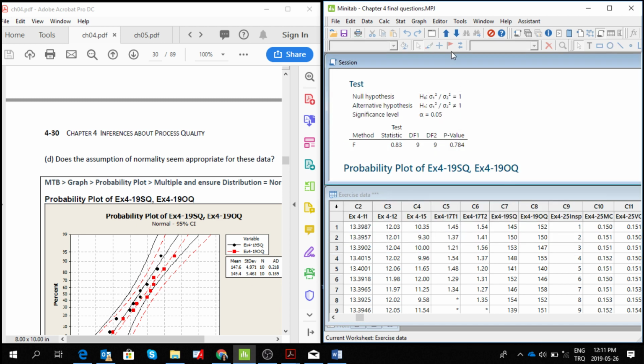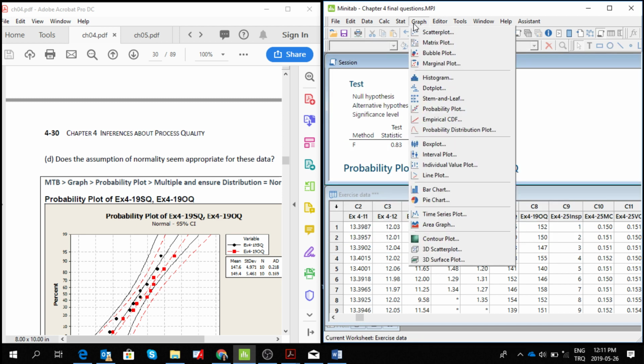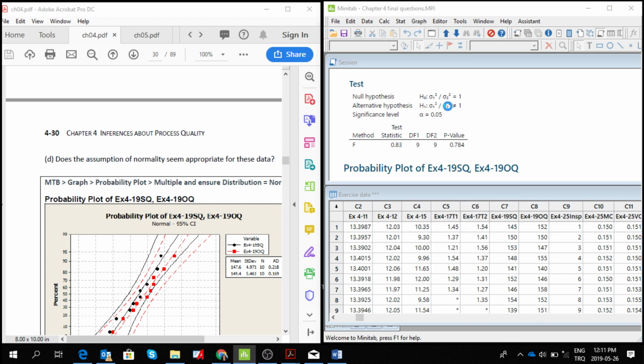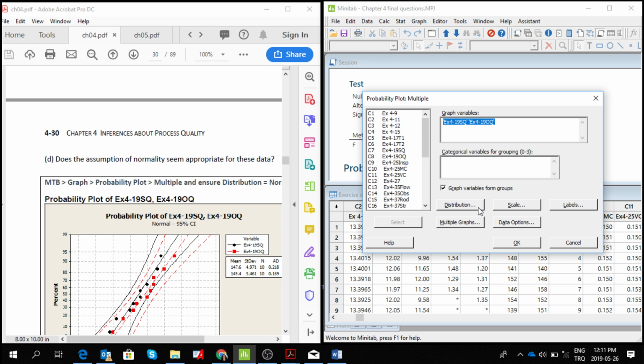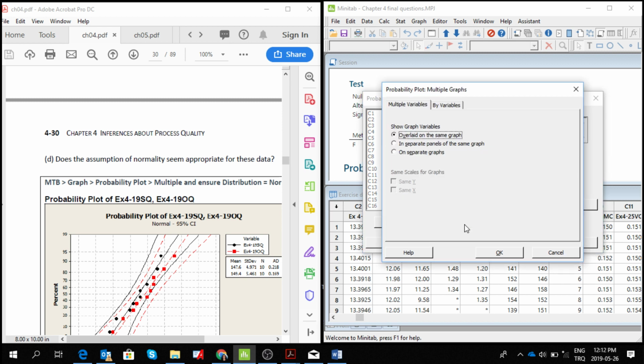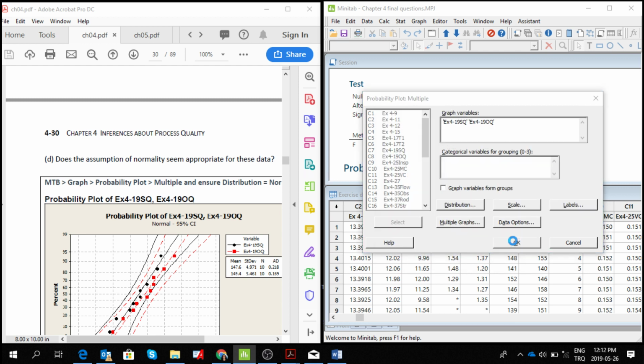Don't save that. I'm going to redo that in Probability Plot. It's still going to be multiple, but on separate panels. These are two data sets, and multiple graphs in separate panels of the same graph. Okay, so let's do that. Let's see what we get from that. It's a separate panel, so they should be shown separately.